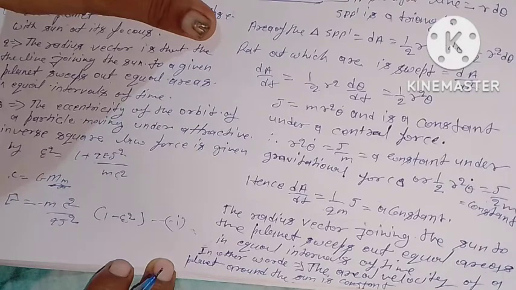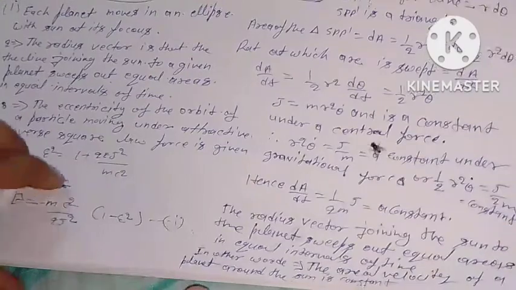In other words, the areal velocity of a planet around the sun is constant. That is, the radius vector joining the sun to the planet sweeps out equal areas in equal intervals of time. In other words, the areal velocity of a planet around the sun is constant.